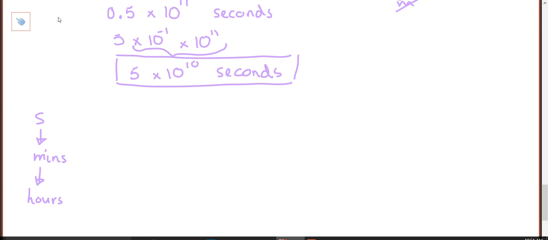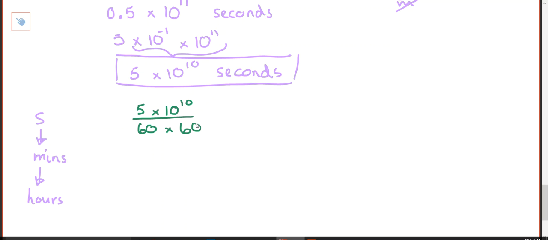Since there are 60 seconds in a minute, I did 5 times 10 to the power of 10 divided by 60. Do we all get that? So we do 5 times 10 to the power of 10 divided by 60. And then the answer to that is divided by 60 again to get your hours.